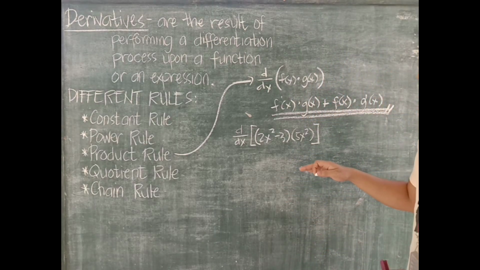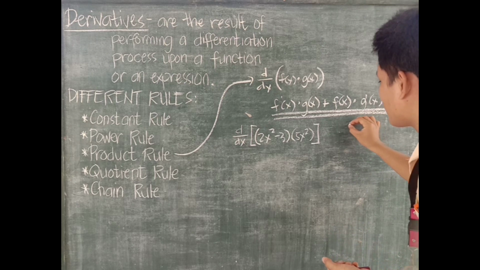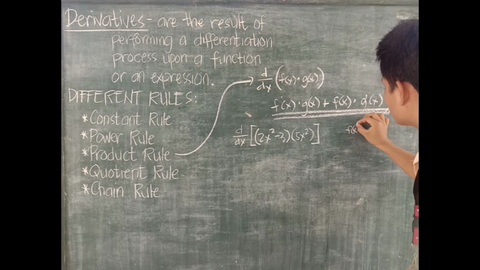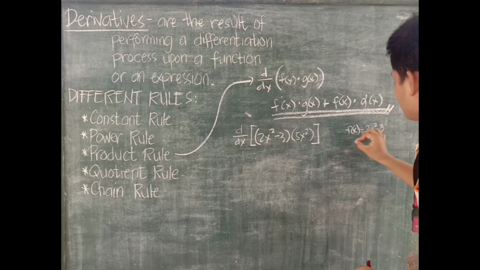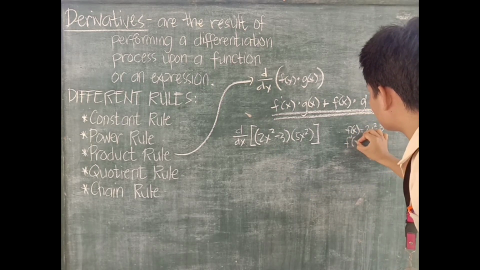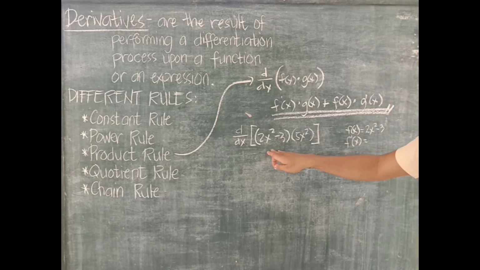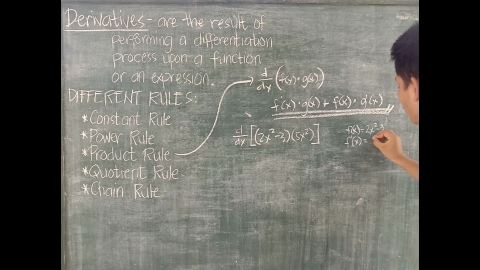So, to do the operation, let's just find f of x first. f of x is equal to 2x squared minus 3, where the f prime of x, or the derivative of that function, is equal to, using the power rule, 2 times 2 is equal to 4. 4 remain x, so 2 minus 1 will become 1, so imaginary 1. So, when we say the derivative of 3 is equal to 0, therefore the derivative of 2x squared minus 3 is equal to 4x.